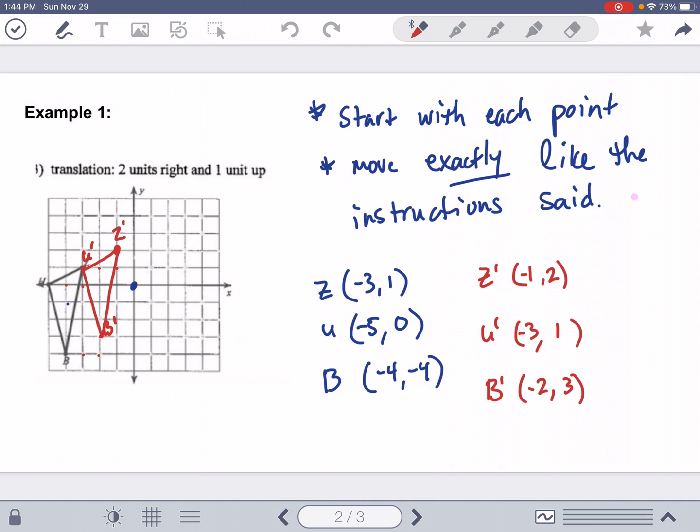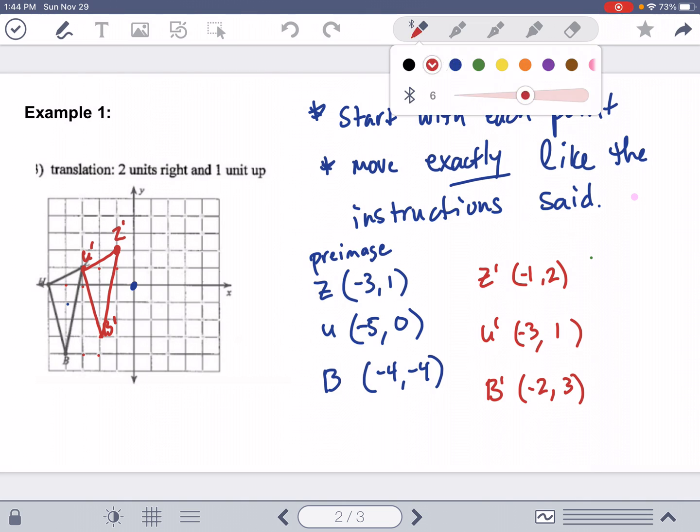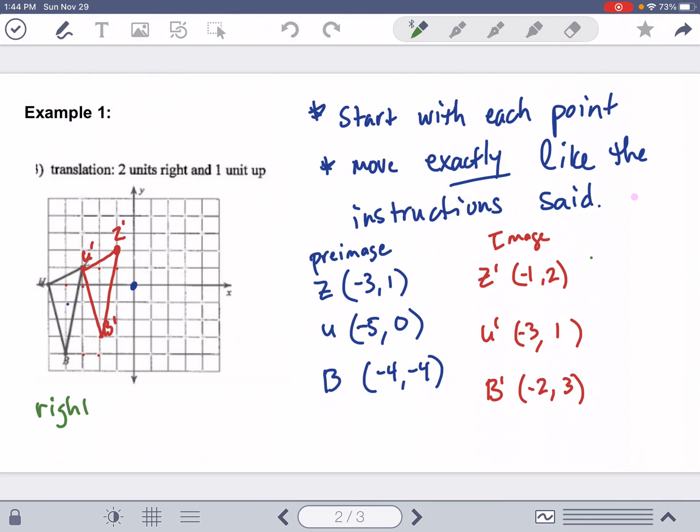So the other way that I could have found the coordinates of the new location of my image, let's remember that these were the pre-image, and these are now called the image. Another way I could have found that is right and left refers to the x-axis.